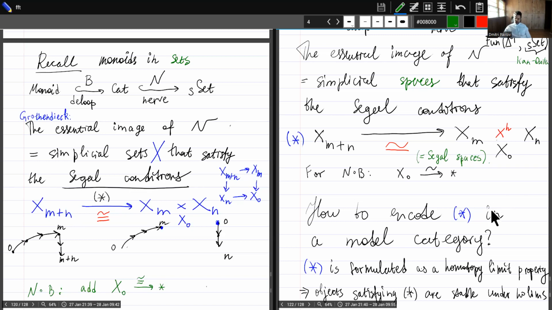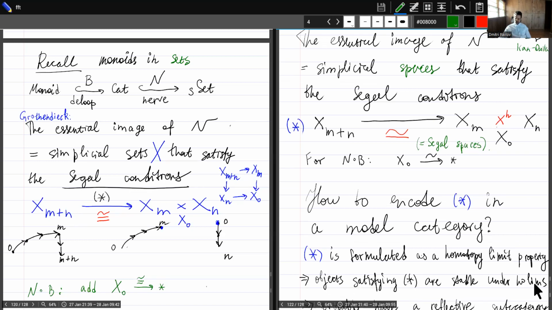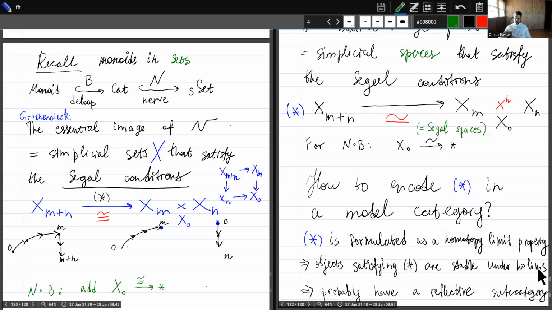So every time you see a full subcategory closed under homotopy limits, you should be thinking about reflective subcategories and Bousfield localizations.